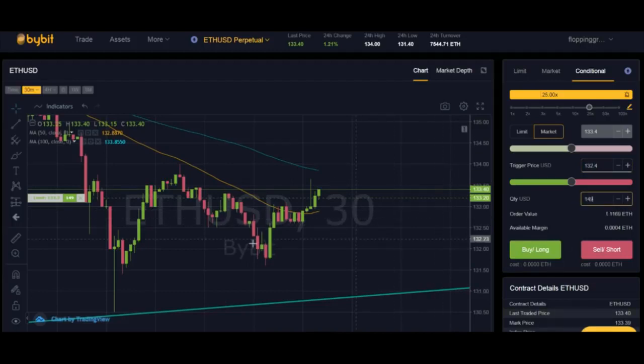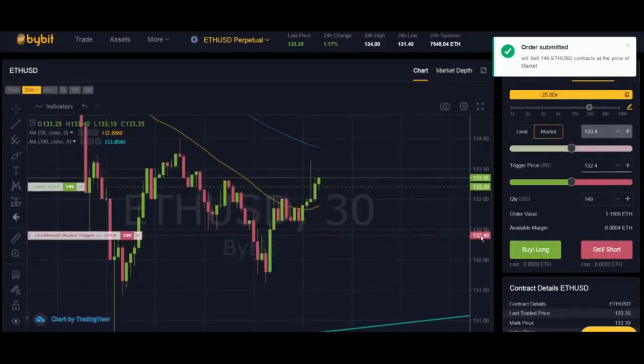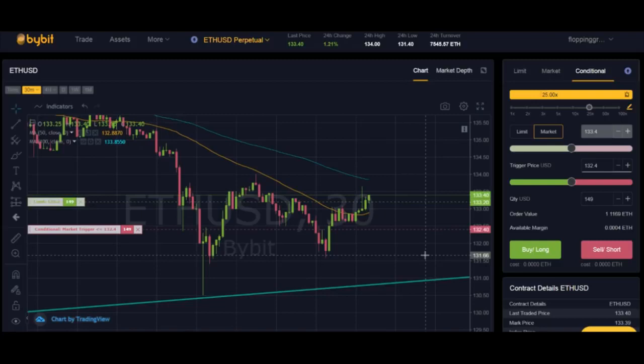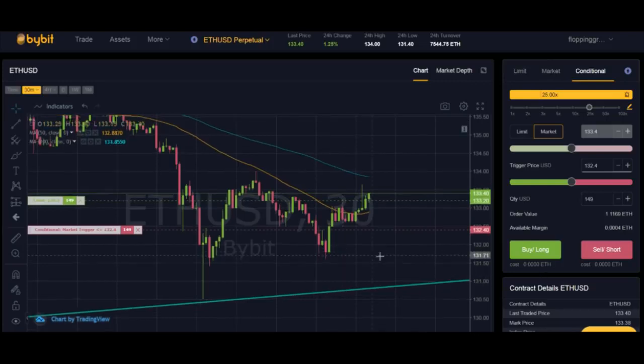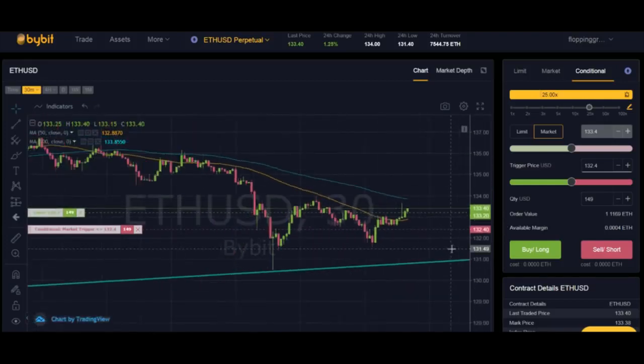So if it goes to 132.4, which is about right here, then we will actually go short. We're going to go short 149 contracts. What this does is it allows us to accept a specific amount of risk rather than risking everything, risking liquidation, to get a certain target that you want. The stop losses can be good, sometimes they can be bad, and it's up to you whether you want to use them or not.